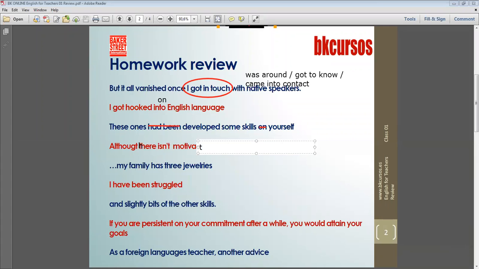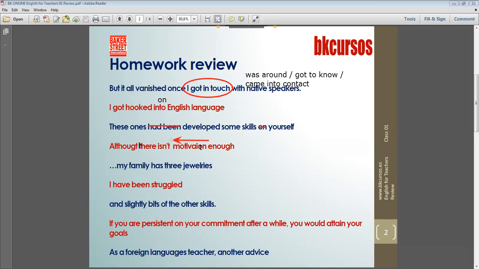Our motivation. And you would say enough motivation? Enough motivation. There we go. Yeah. Okay. So that's a little thing. So we want enough in there. Okay. Enough motivation. Good. All right.